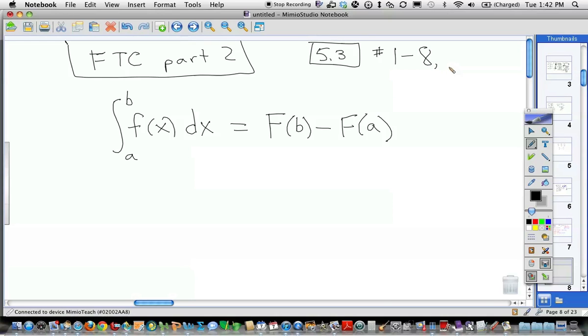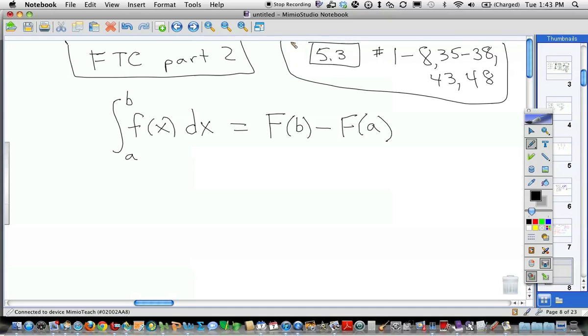And that's one section with a graph, and then you do your chart kind of questions. 35 through 38 is another one of those kind of things. And then 43 and 48. Okay? So that's the rest of what we have for tomorrow.